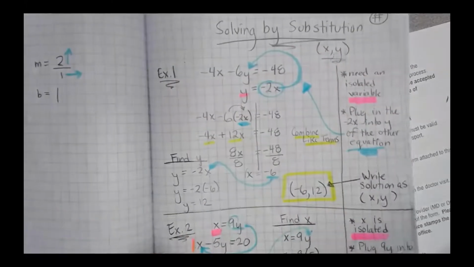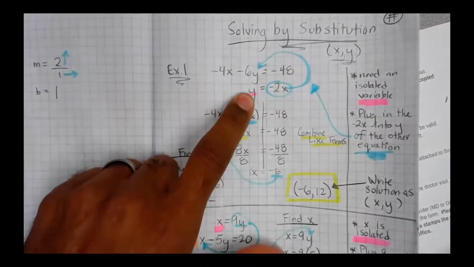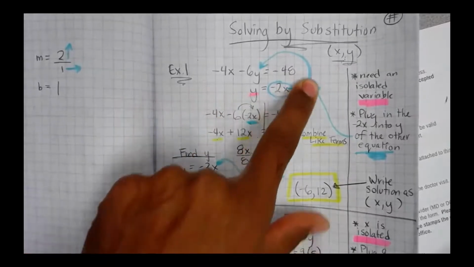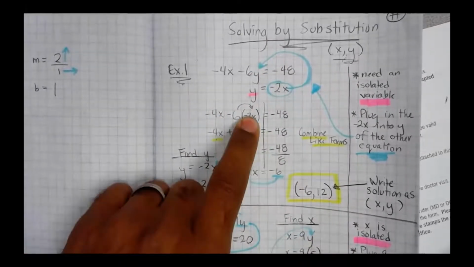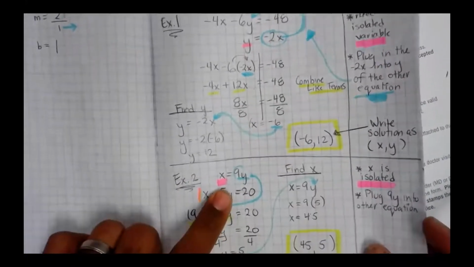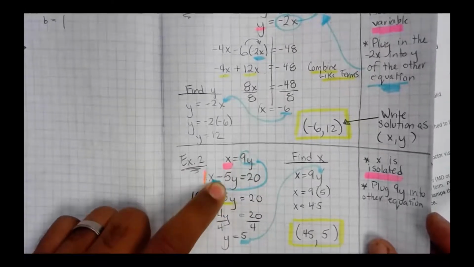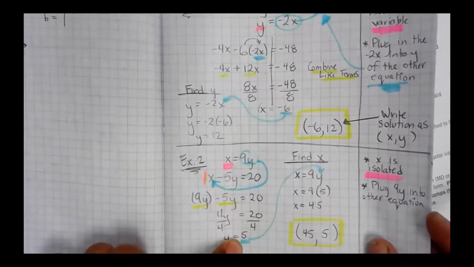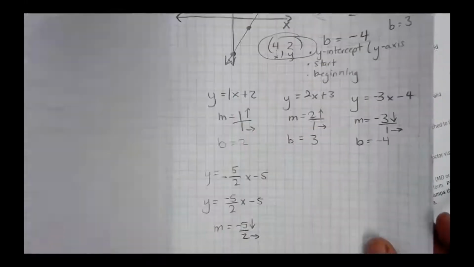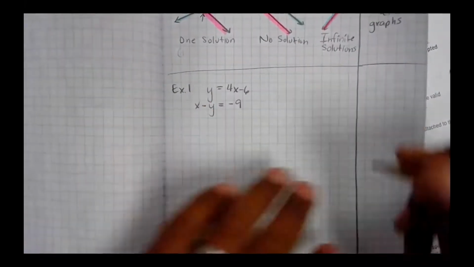Okay, and then before that, we had solved by substitution where we had one equation that was y equals. And we took that part of it and plugged it in, okay, and then we solved for one variable at a time. Okay, same thing down here. Here it's equal to x, so I took that part, plugged it in, and then we solved for an answer. Okay, so in this situation, we've got one equation with y equals.